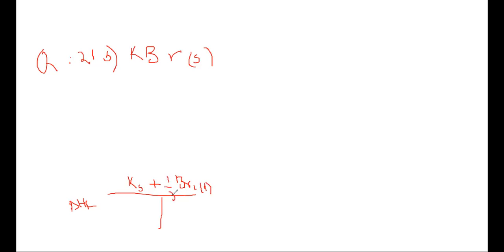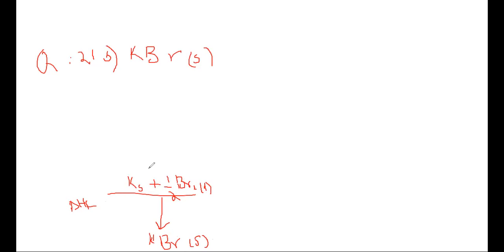So we need half a molecule of bromine. The heat of formation from their normal physical state to make solid KBr is called delta HF, the heat of formation of KBr.